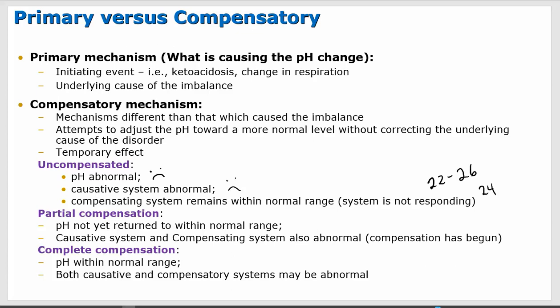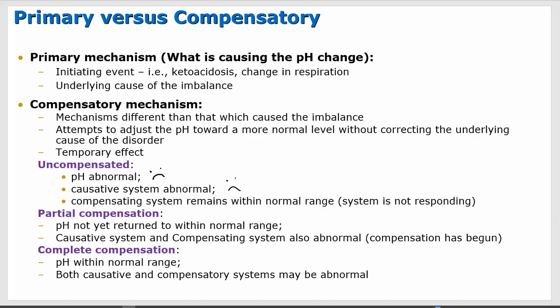That's completely uncompensated, so nothing is happening. My pH is out, I still can't breathe, and the kidneys haven't done anything yet, or at least they haven't changed the bicarb levels yet.